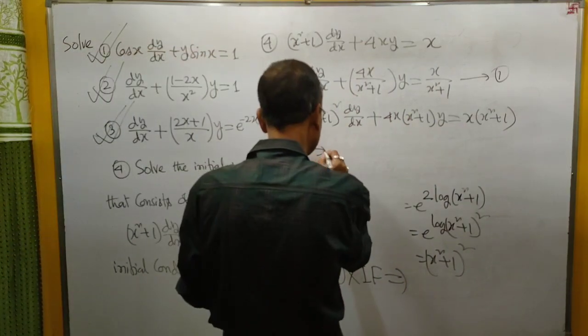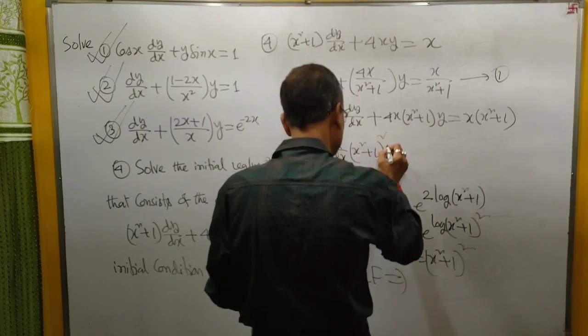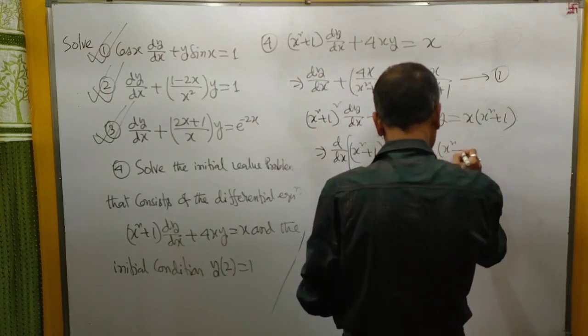This means d by dx of x square plus 1 whole square y, you may write like this, equal to x into x square plus 1.